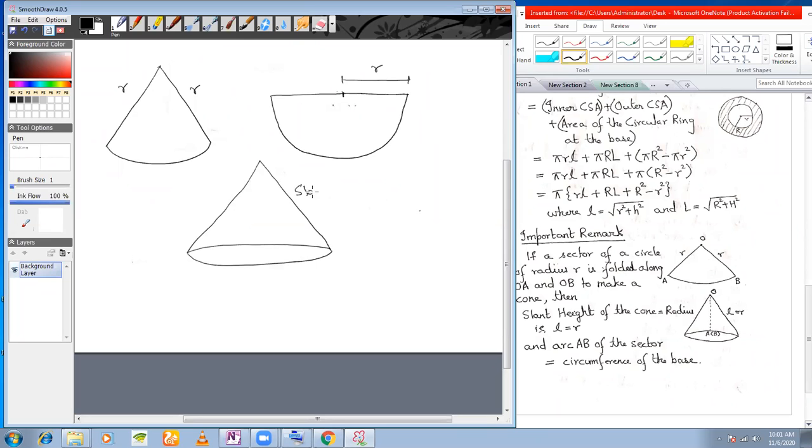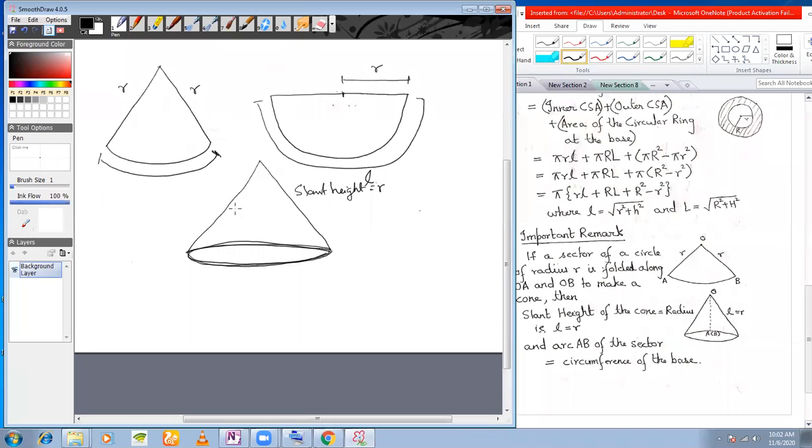This slant height becomes your radius. That is slant height L. This becomes a radius. Also, the length of this arc here, this arc, the length of this arc becomes the circumference of this circular base.